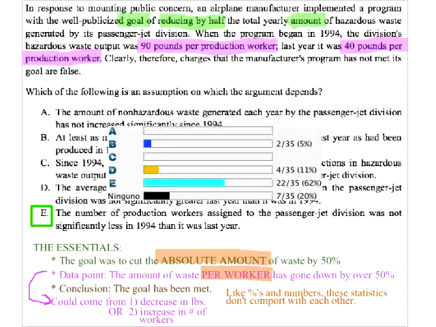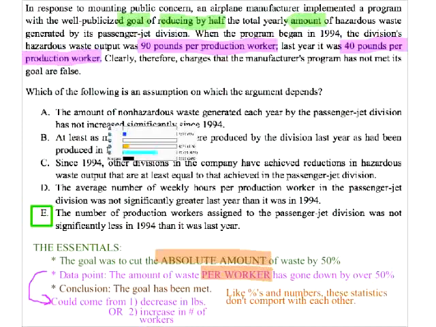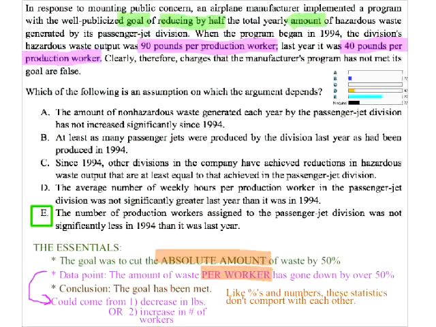We have a strong majority of E's here. Does anybody have any questions about answers that are not E? I see a couple people typing.